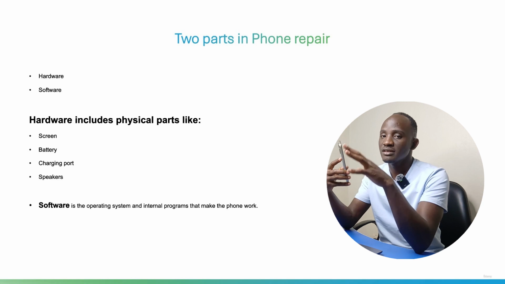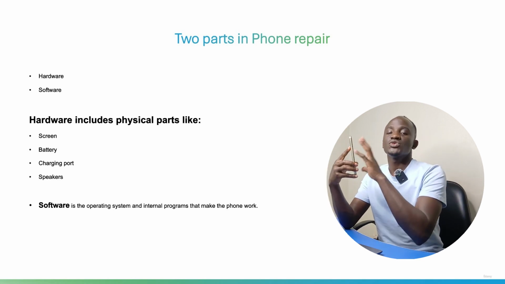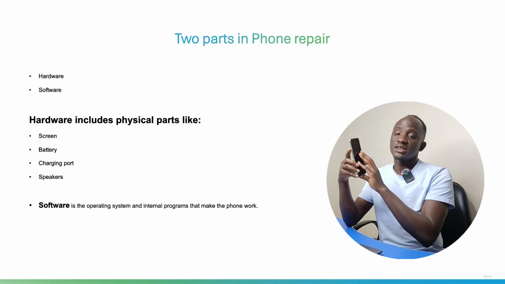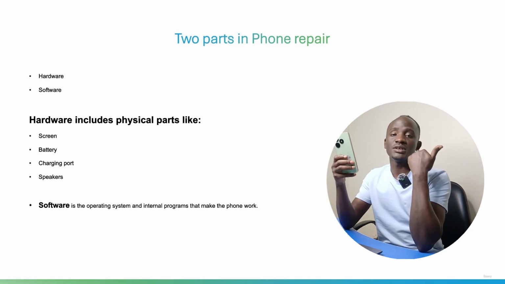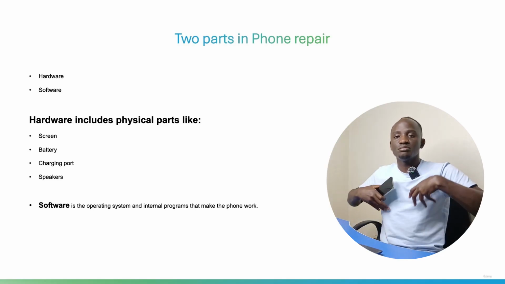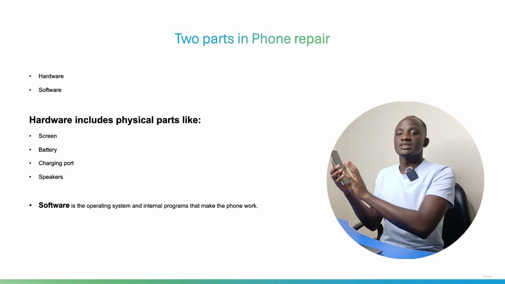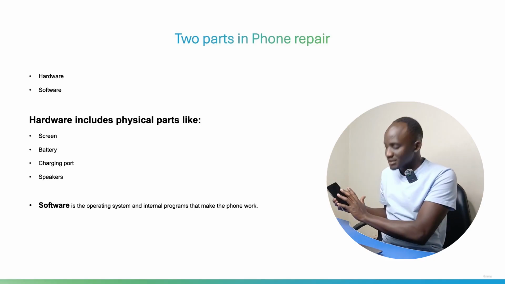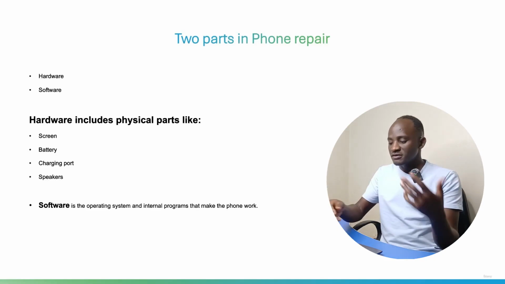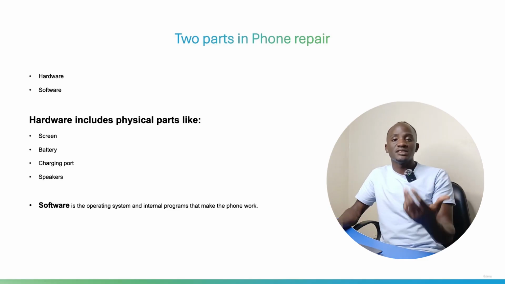That is what we refer to as software. In other words, software is not seen, not felt, and not touched. It is the invisible part of the phone that makes it perform its tasks. We can easily call it the operating system.